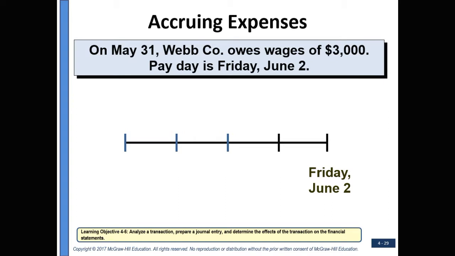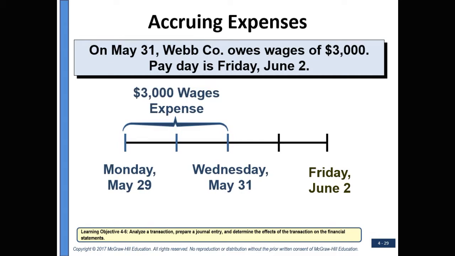So let's take a look at wages and how and why we accrue those. On May 31st, Web Company owes wages of $3,000. Their employees have earned $3,000 worth of wages through May 31st. Payday is Friday, June 2nd.